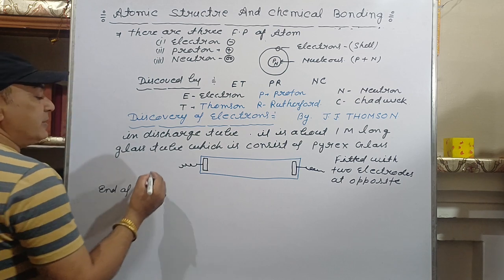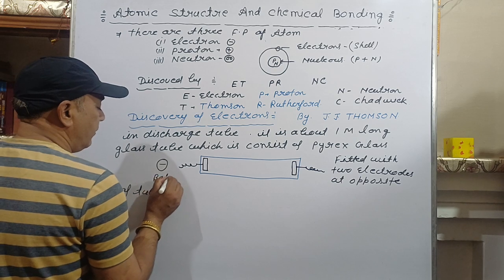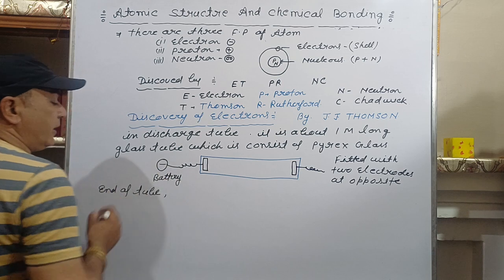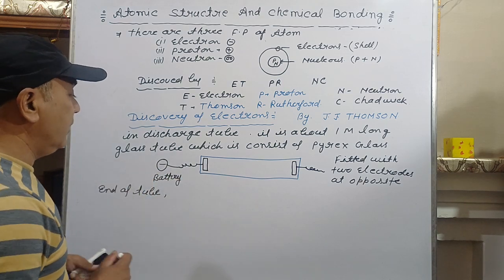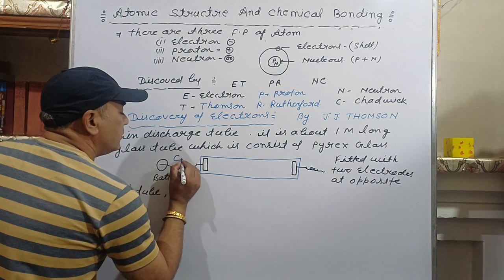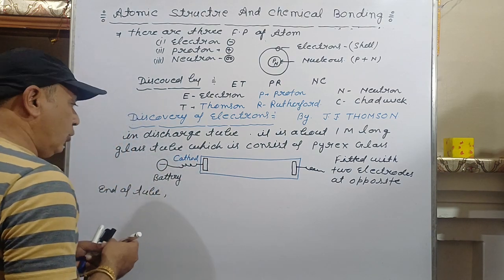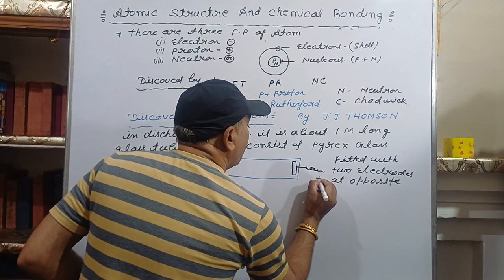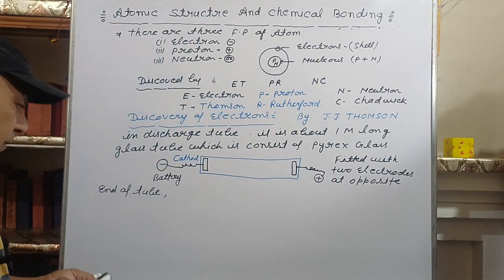The electrode which is connected with the negative terminal of the battery is called the cathode, while the electrode which is connected with the positive terminal of the battery is called the anode.